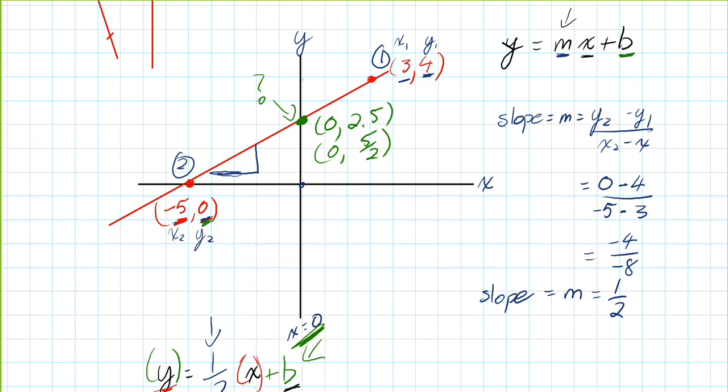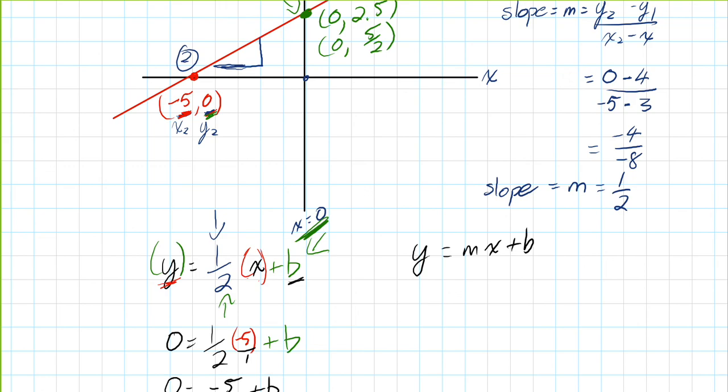The last thing we'd have to do is put that equation all together. Y equals mx plus b. So our m value we'd already solved. It was a half. So I'm going to replace m with 1/2. The x stays in here. And the b value is what we just found at 2.5.